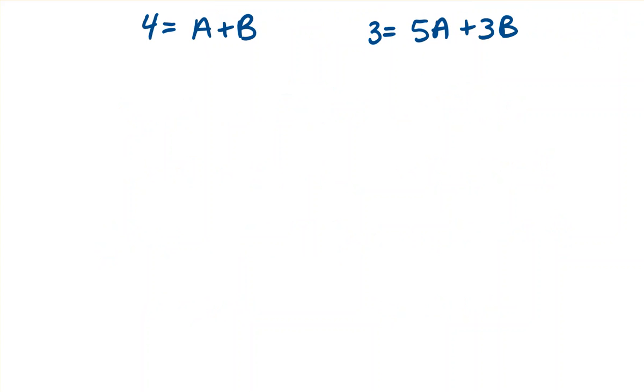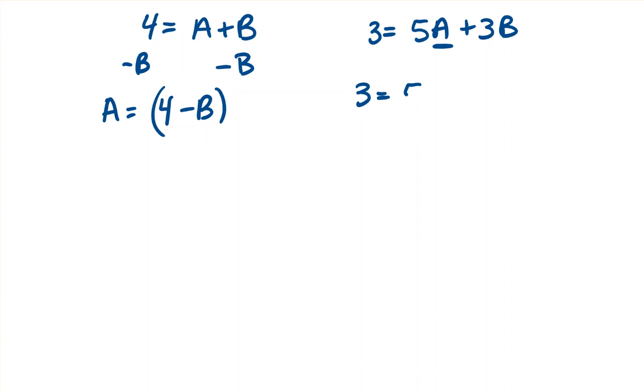Here, it might be efficient to subtract B from both sides, and we can use the substitution method for solving the system of equations. So we have 4 minus B is A, and we're going to substitute that into the A in the other expression. So we have 3 equals 5 times 4 minus B plus 3B.